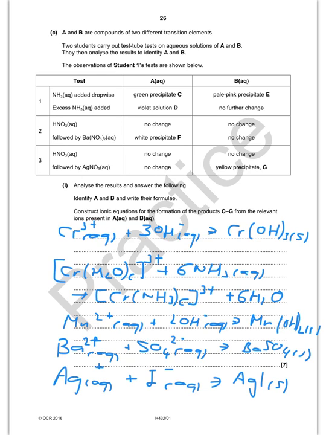For B, you've got a pale pink precipitate and then no further change, and that suggests you have manganese 2+. And I put the equations down here. Again, this is just transition element chemistry that you need to really know. And now you need to work out your counter ions. Well, first of all, you add barium nitrate and you get a white precipitate for A. So that suggests you have got a sulfate, and you have got a yellow precipitate when you add silver nitrate for B, which suggests you have iodide.